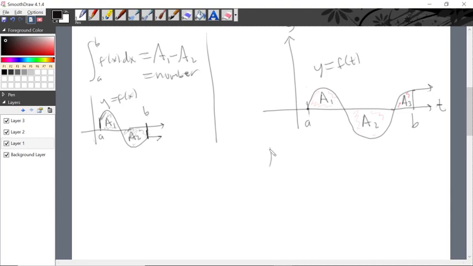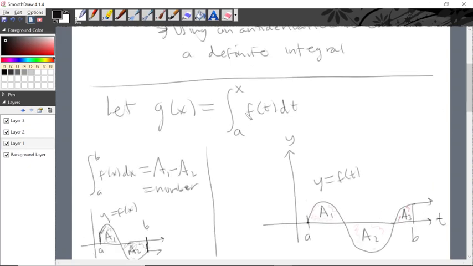Now let x be an element of the closed interval from a to b, so that x is anywhere from a to b. Then our interpretation for this integral is that we're talking about how much net area is bounded between the function and the x-axis if we started at a on the left and went out to x as the right edge.